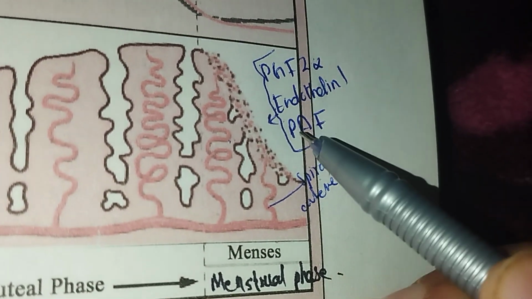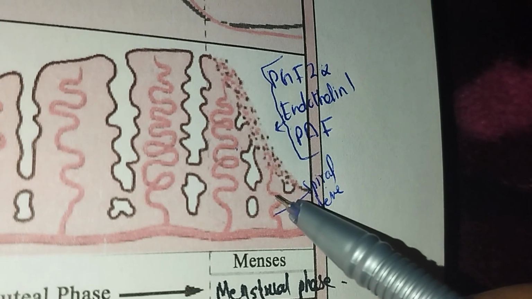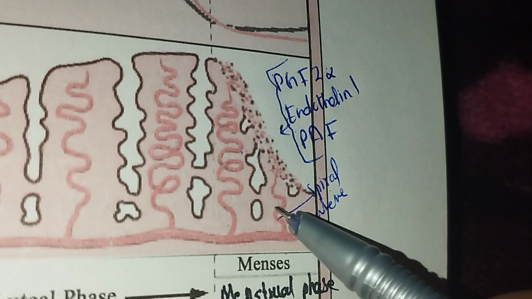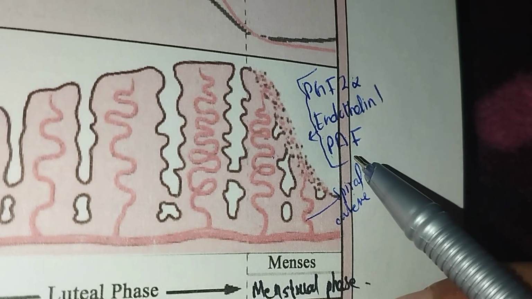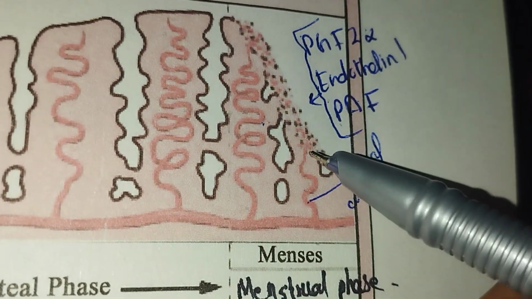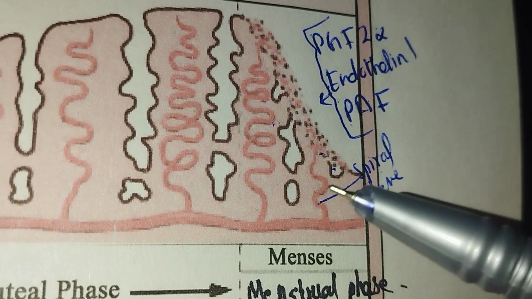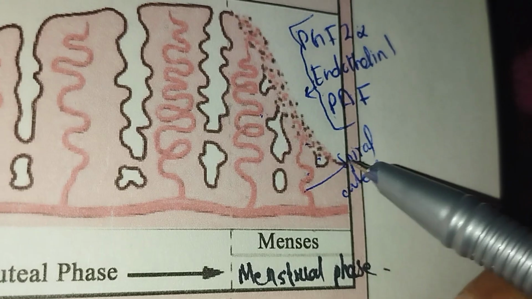So here these are the three: PGF2 is a vasoconstrictor, which will cause vasoconstriction of the spiral arteries, and endothelin and platelet activating factor will be involved in the initiation of clotting and hemostasis of the bleeding.